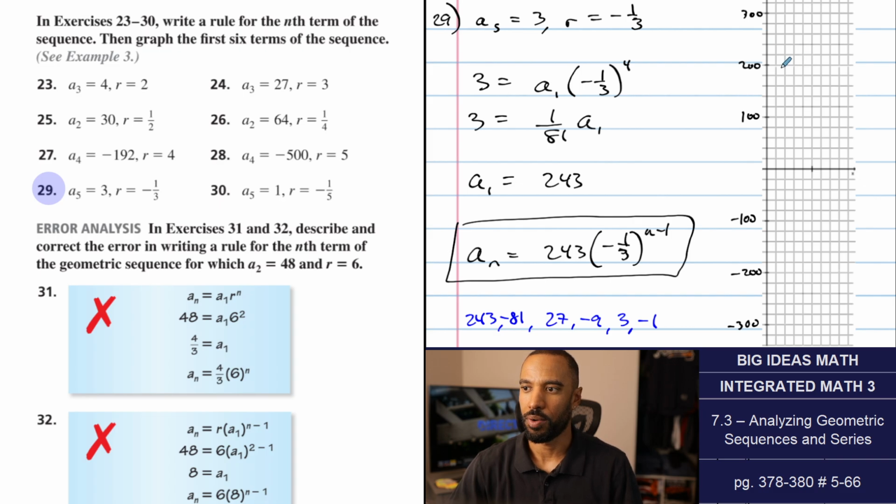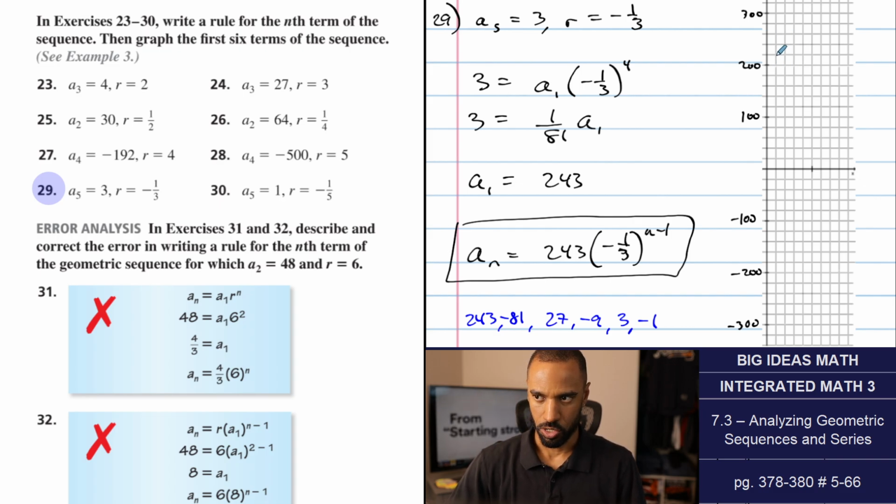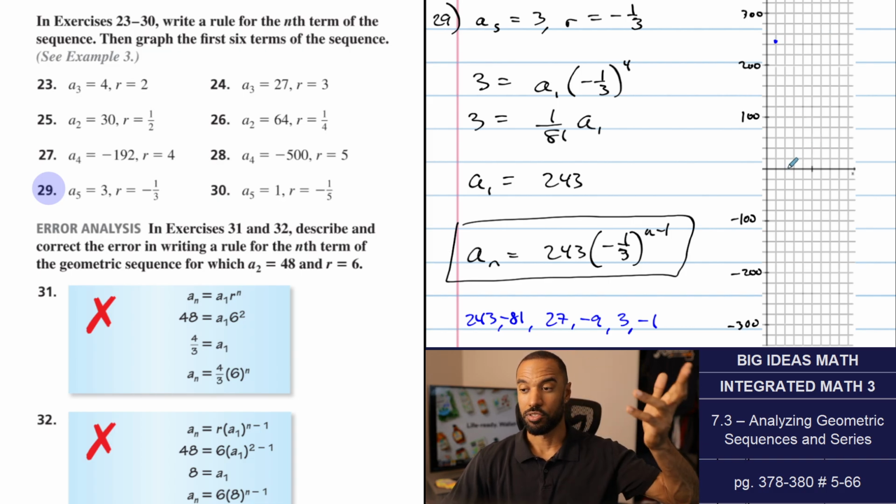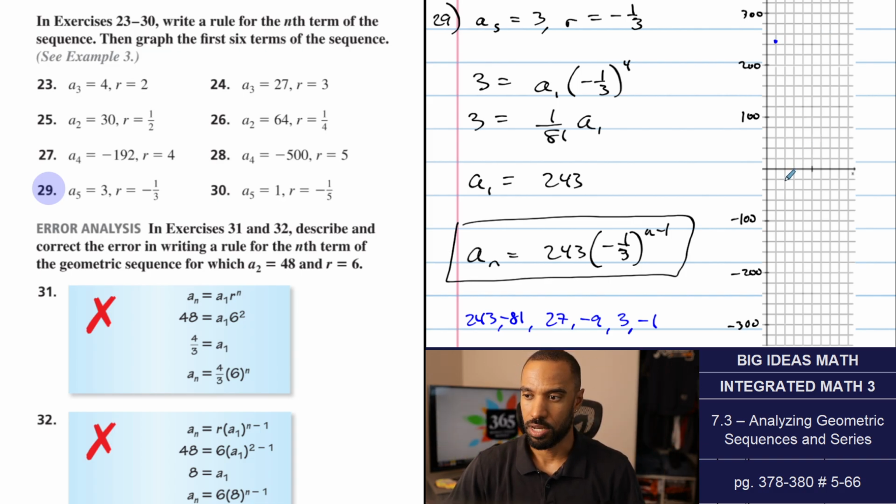So 243, they're going by 20s. So 220, 240, 243 is somewhere between 240 and 260. Now it goes to negatives. It goes to negative 81, which is, negative 20, negative 40, negative 60, negative 80. Negative 81 is right near that negative 80. And then 27, 20, 40, 30, and 27 is right below.